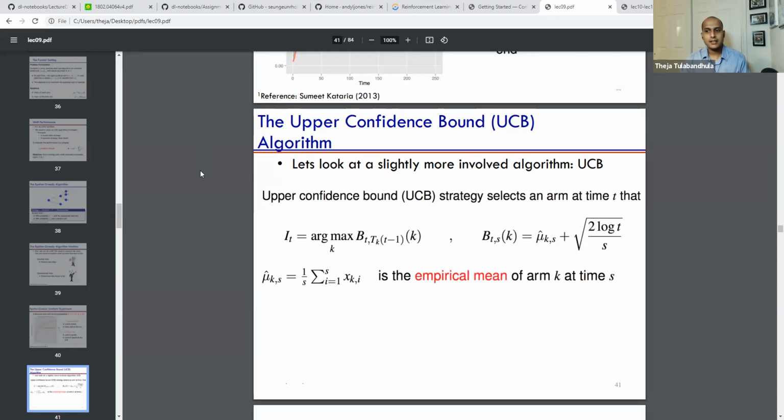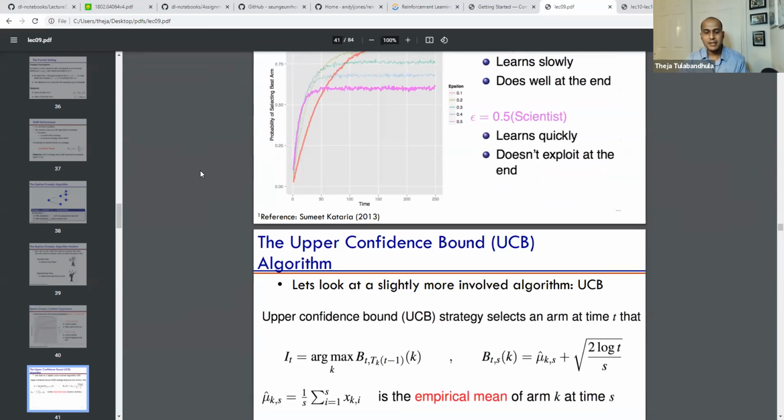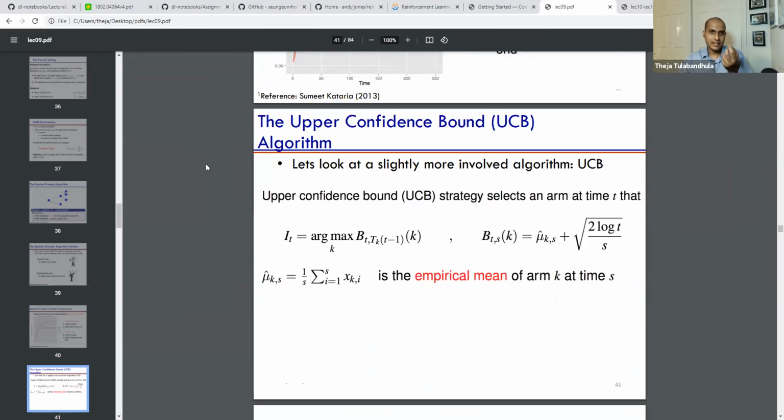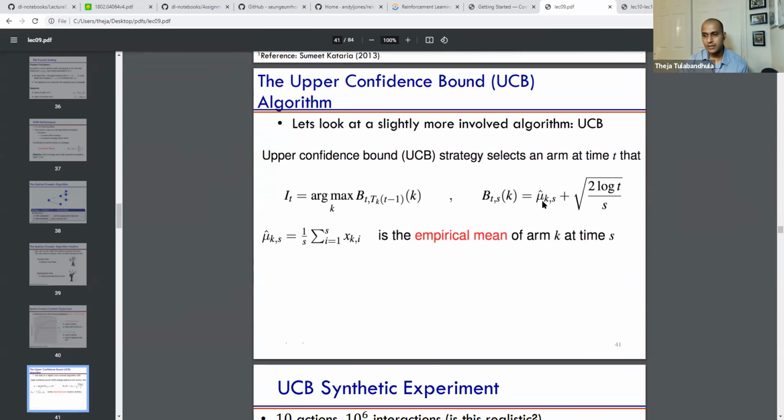So the second algorithm does not depend on flipping coins, because Epsilon-Greedy required that: epsilon was determining the bias of a coin flip to explore or exploit. Here, the second algorithm doesn't require doing that. It's the same idea, though. It's going to pick arms or actions based on a calculated number.